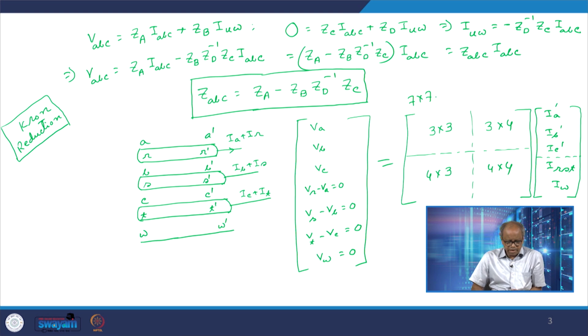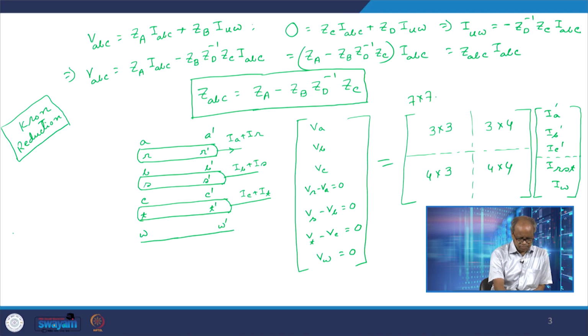So essentially the idea is that for any 3-phase unbalanced transmission line, whatever is the distance among the phases, whatever is the number of conductors in the line per phase, irrespective of the number of ground conductors in the line, ultimately we reduce everything in terms of this relation: VABC is equal to ZABC into IABC.